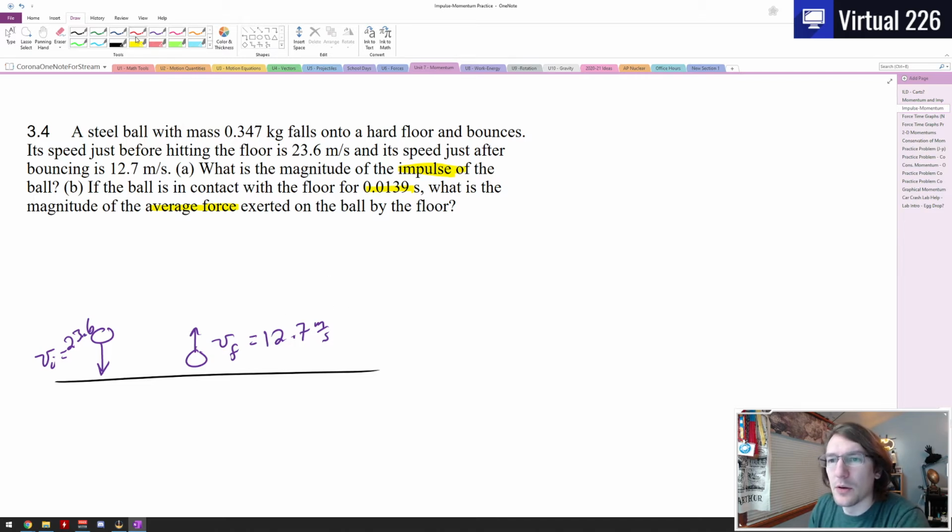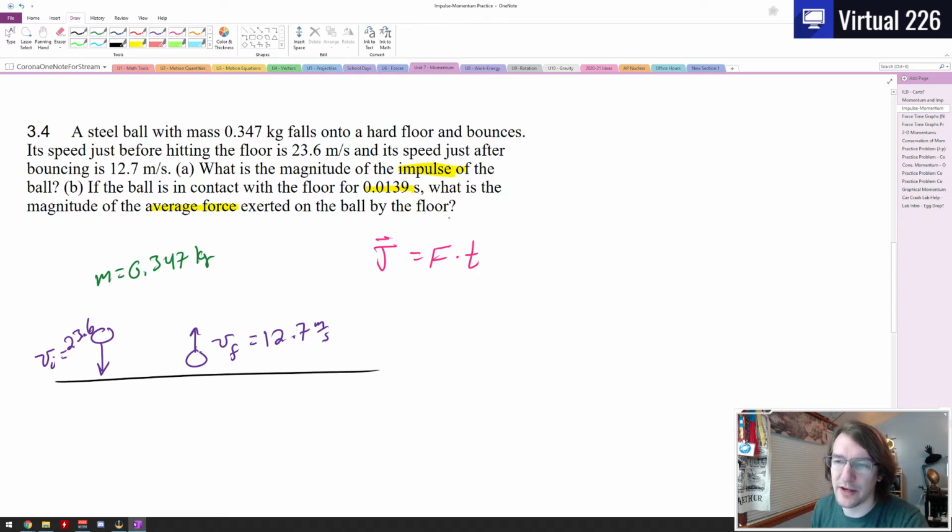We also happen to know the mass of it, 0.347 kilograms. If we want to know the impulse of the ball, we might originally think that impulse is just a force multiplied by a time, but I don't have a force here. I do have a time for part B, but I don't have a force. So, is this even possible? And yeah, of course it is.